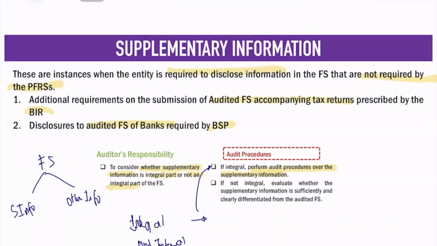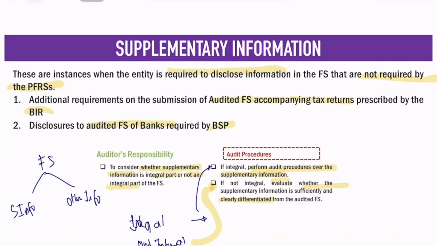But if it is not integral, you just evaluate the sufficiency and differentiation of that information from the FS. If it is integral, you really need to test it. If it is not integral, it is more a matter of your professional judgment whether it is sufficient and clearly differentiated from those items presented in your FS.